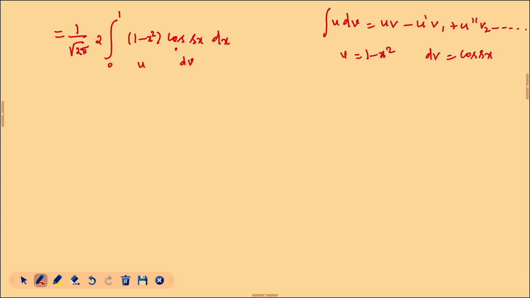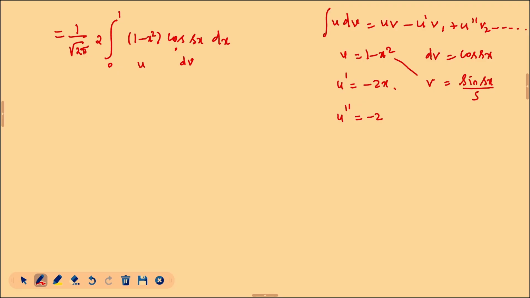Now, differentiate that algebraic function: u' is minus 2x, u'' is minus 2, and u''' will become 0, until you get 0. So, stop here. Now v, which is the integration of cos sx, is sin sx by s.